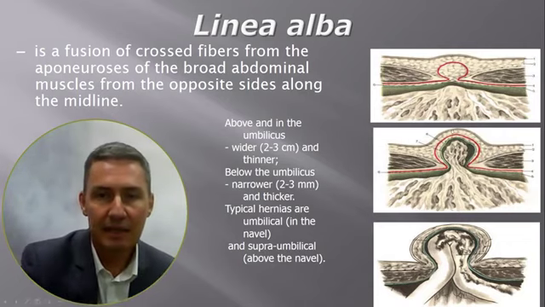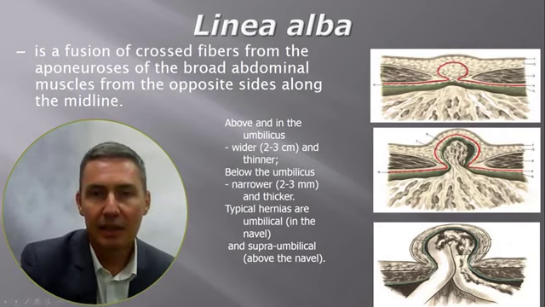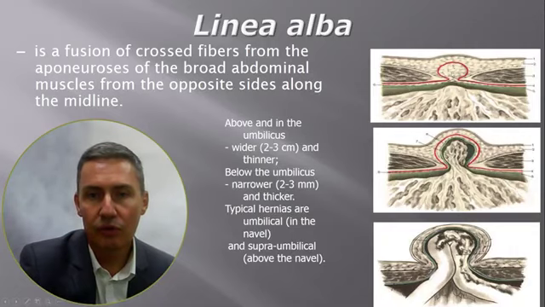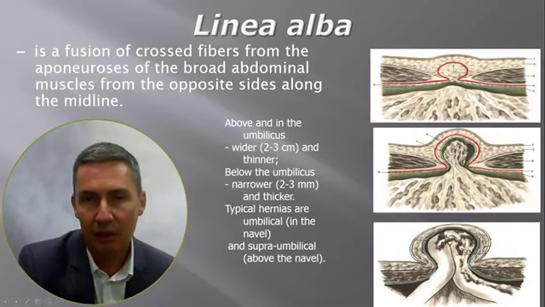This can first cause protrusion of the preperitoneal fat and form preperitoneal lipomas. Then, because this gap increases in size, it gives the possibility for herniation. And here you can see the hernia is formed completely.